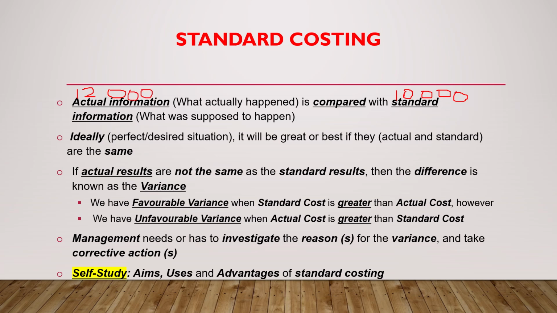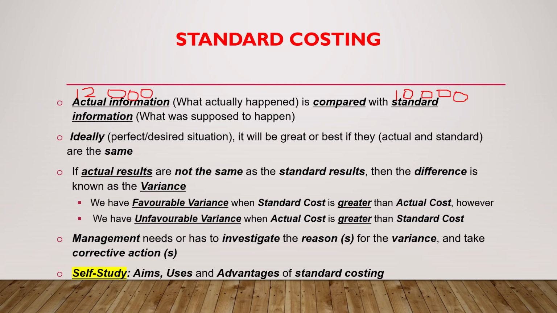Now you will see here between planning and actual there's a difference, and we said that difference is called a variance, right? It's called a variance, and for that variance we have to say whether it's favorable to the person or to the business, or unfavorable to the person or the business.